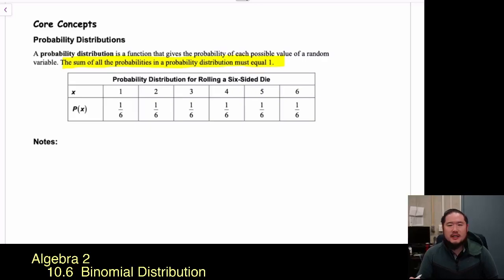In a 6-sided die, you have a 1 in 6 chance of rolling a particular number, 1 through 6, because there are 6 sides. The probability of tossing a 1 is 1/6. Tossing a 2 is 1/6, 1/6, 1/6, all the way to the probability of rolling a 6. You have a 1 in 6 chance. And when you add it all up, that equals 1.